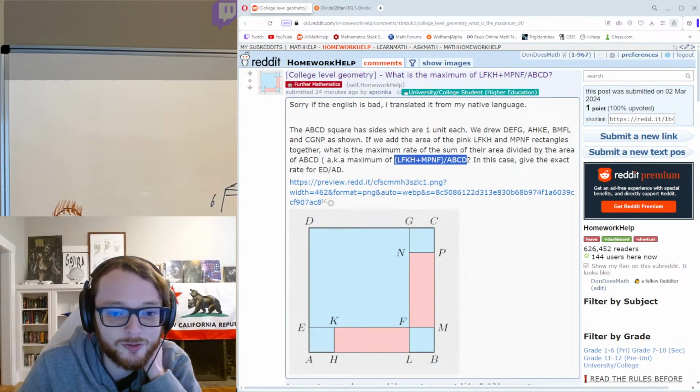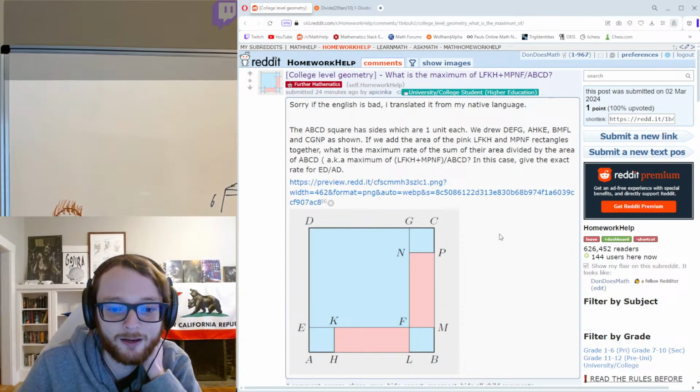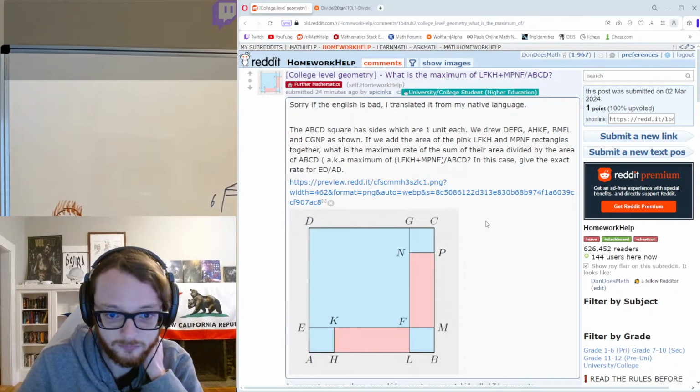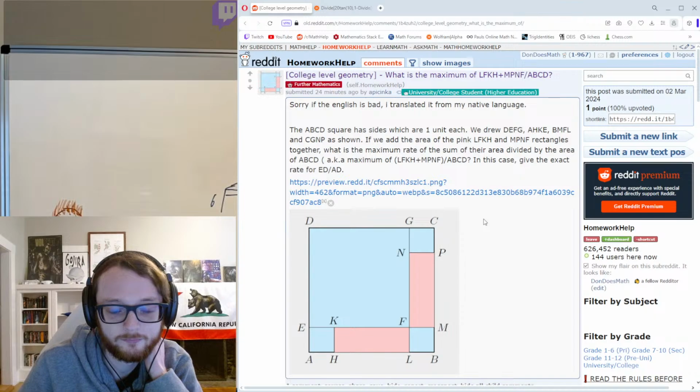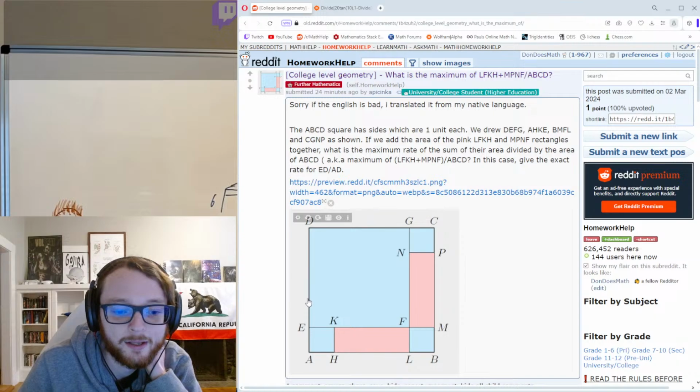What's the maximum proportion these two red rectangles can take up of the entire square? For ED over AD?